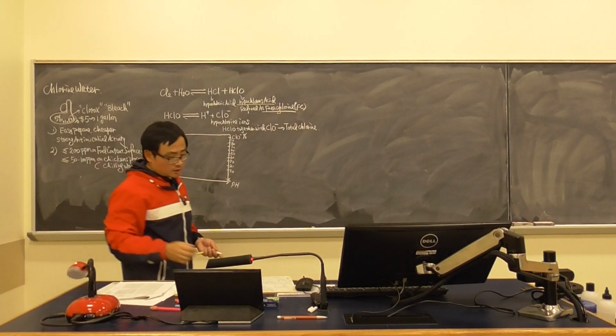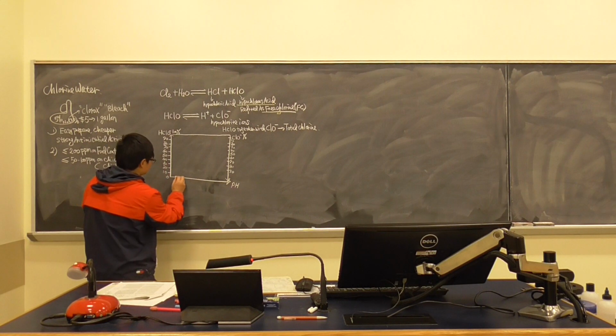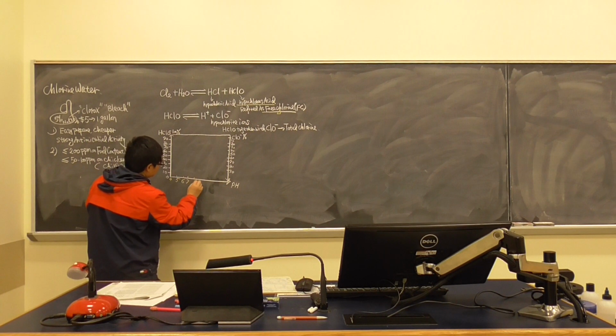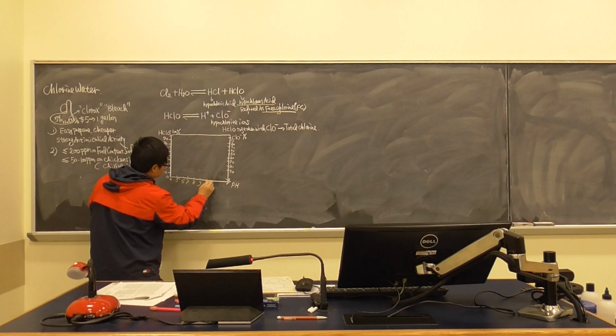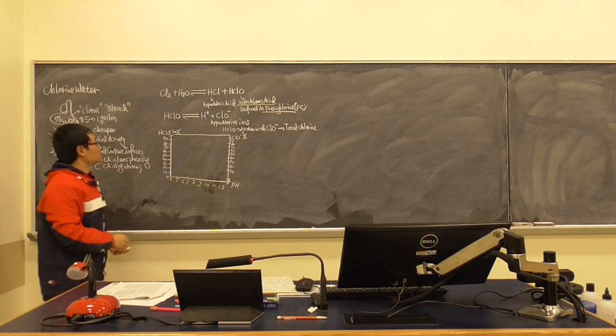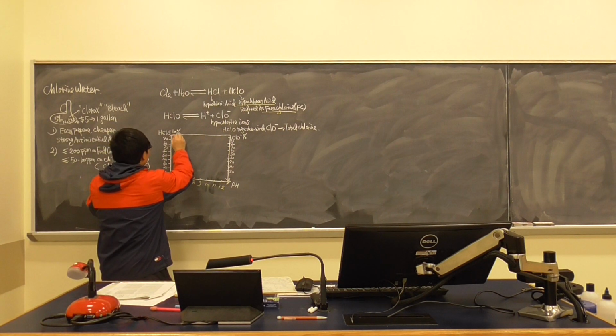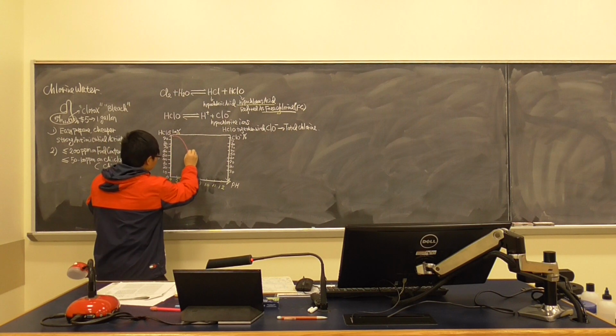So what are these curves going to be? Very interesting. It relies on the pH. So we're going to draw the pH line here. It starts from 4, 5, 6, 7, 8, 9, 10, 11, and by 12. What will the curve look like? It's very interesting. The curve looks like this.